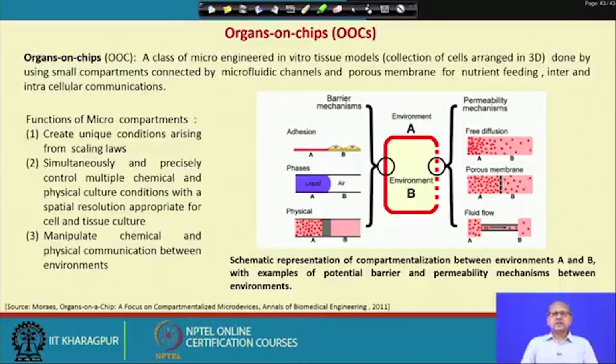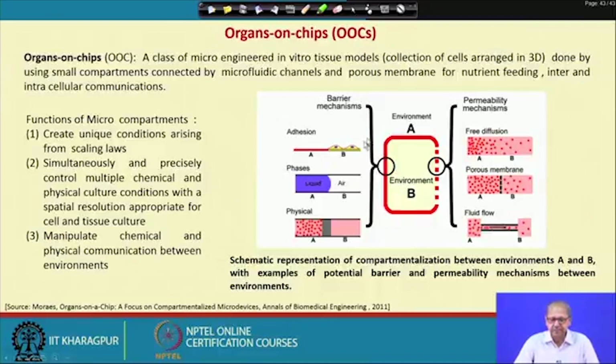Now, in an organ the tissues are arranged 3-dimensionally in different types of micro environments, and those environments are cross talking through permeable mechanisms or barrier mechanisms. Permeable mechanisms are like free diffusion of chemicals, maybe porous membranes are involved, like in extracellular matrix or basal membranes, then fluid flow in microfluidic channels.